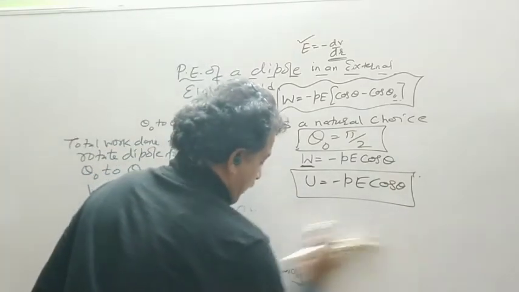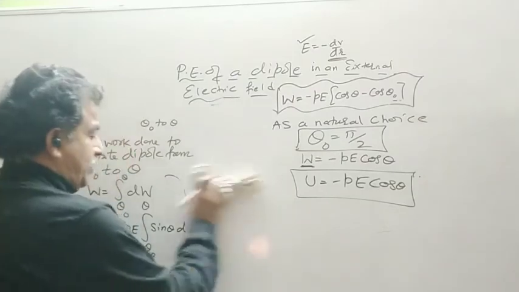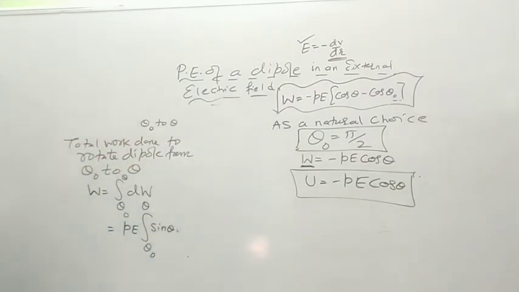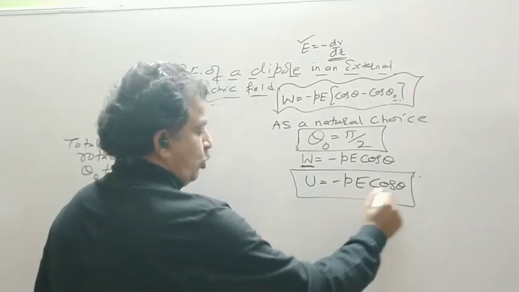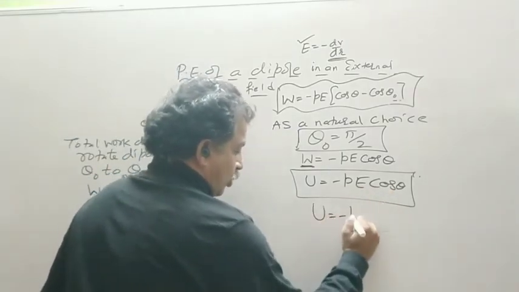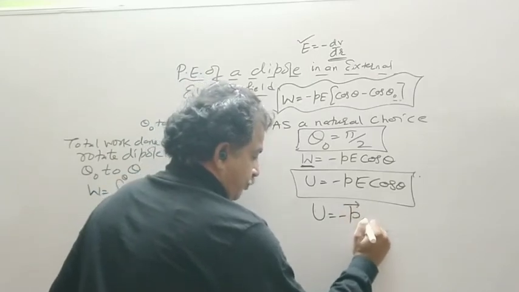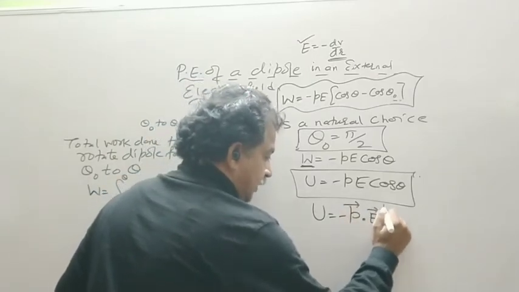So if we have a choice in our hand, then the initial angle is taken as pi by 2, and now it is PE cos theta, which can also be written as P vector dot E vector.